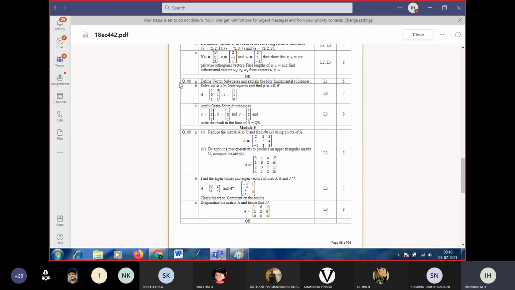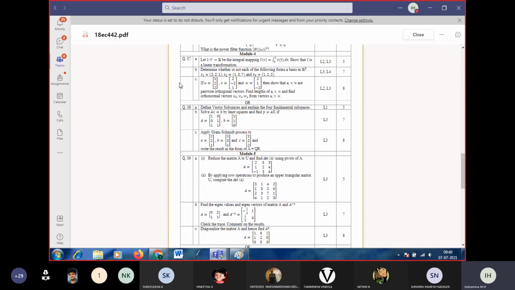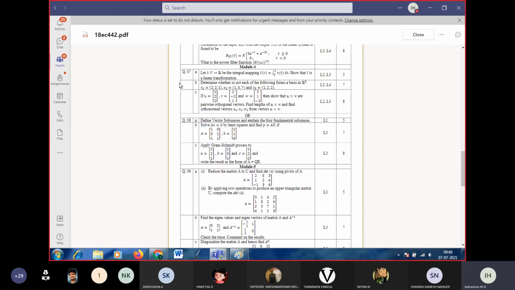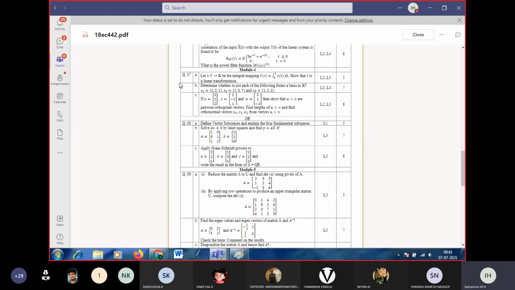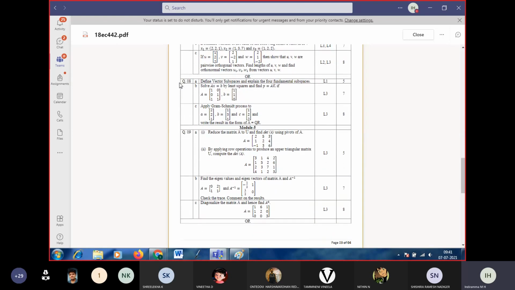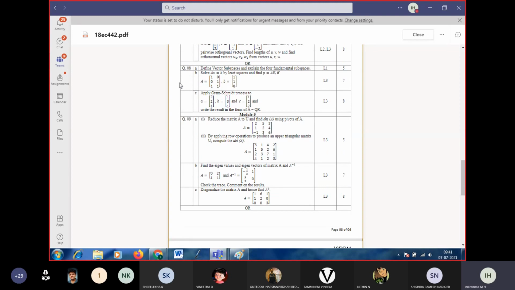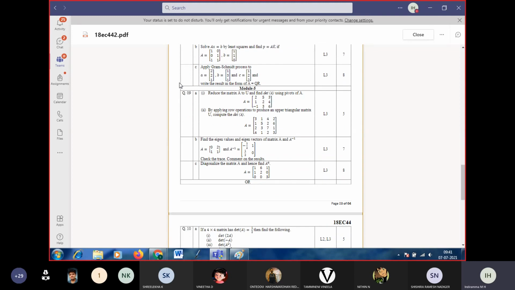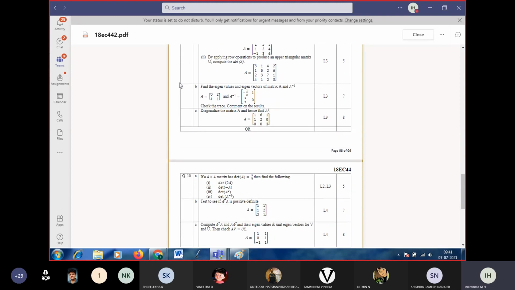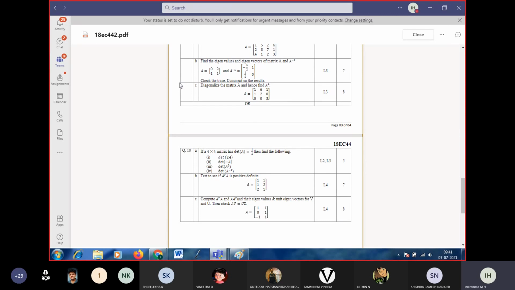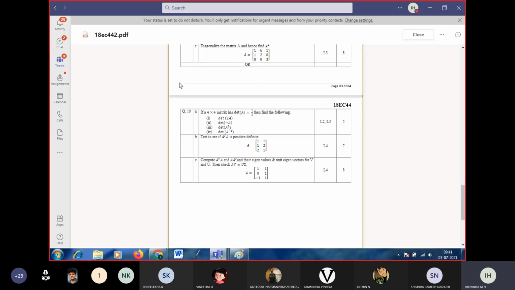So this is what we have in the fifth module: the determinant, eigenvalue, eigenvector, then upper triangular matrix, then positive definiteness of a matrix, then singular value decomposition. This is the concept we have in the syllabus. Next we will come to the positive definite.